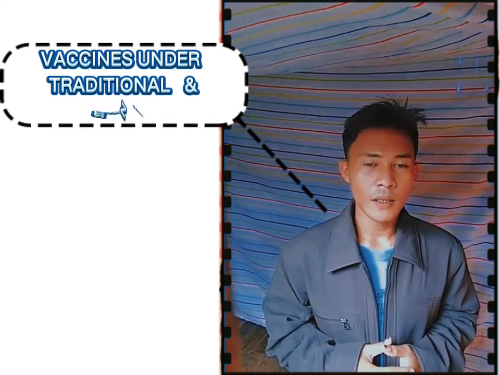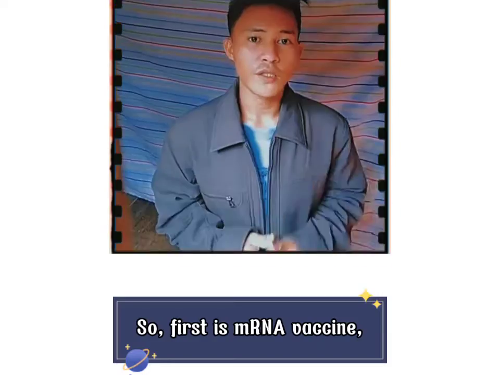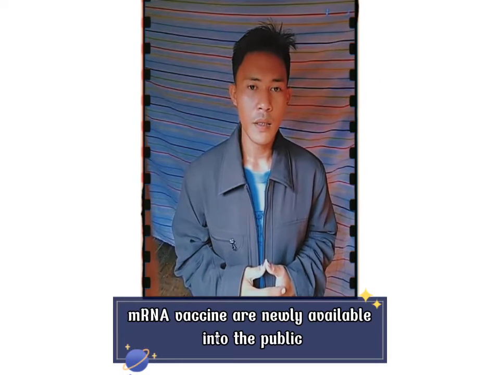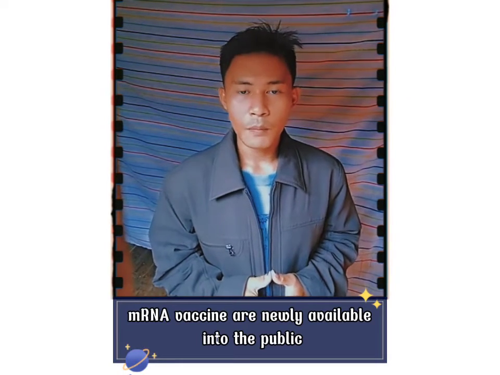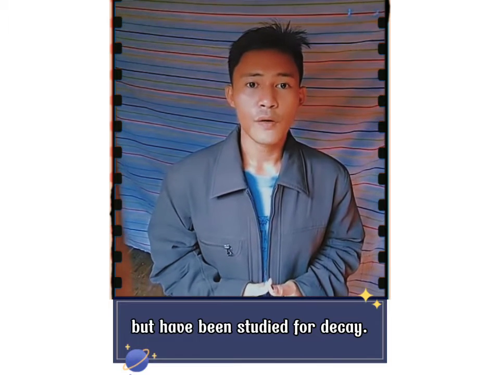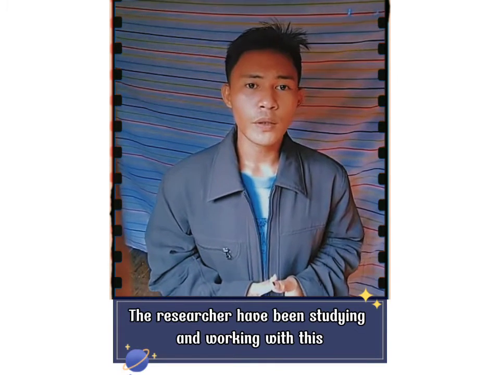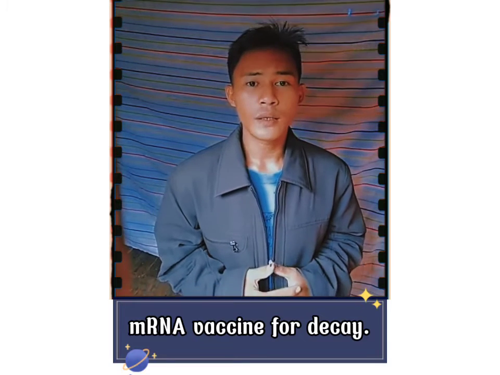So in this video, I will be in charge to introduce and explain messenger ribonucleic acid or mRNA vaccine and traditional vaccine. So first is the mRNA vaccine. mRNA vaccines are newly available to the public but have been studied for decades. The researchers have been studying and working with this mRNA vaccine for decades.